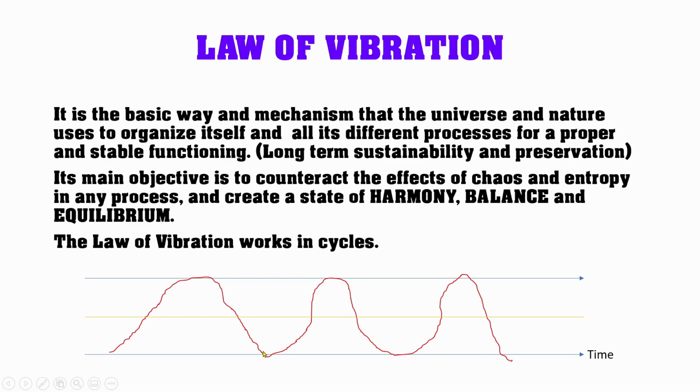Then the cycle starts all over again, starts to go up, and it moves to infinity, because between the two extremes in this cyclic movement there's always a midpoint. So if you calculate this to infinity, it has an average, and that's how nature works and compensates, so as not to auto-destruct itself.